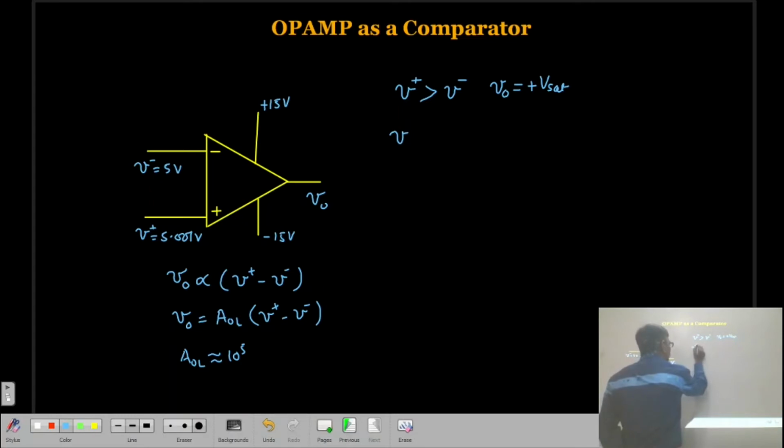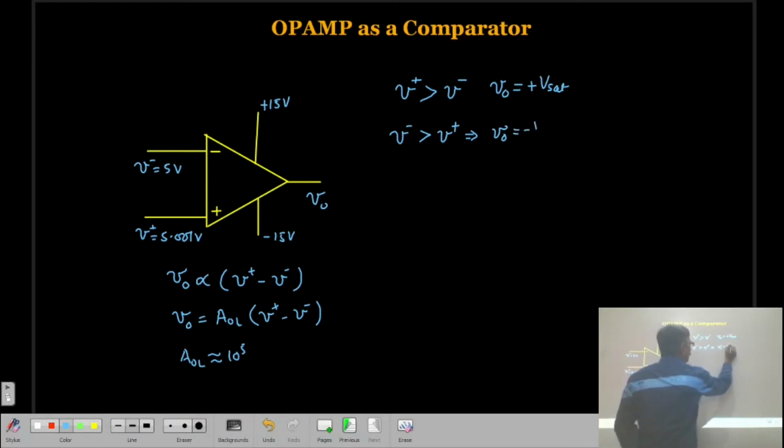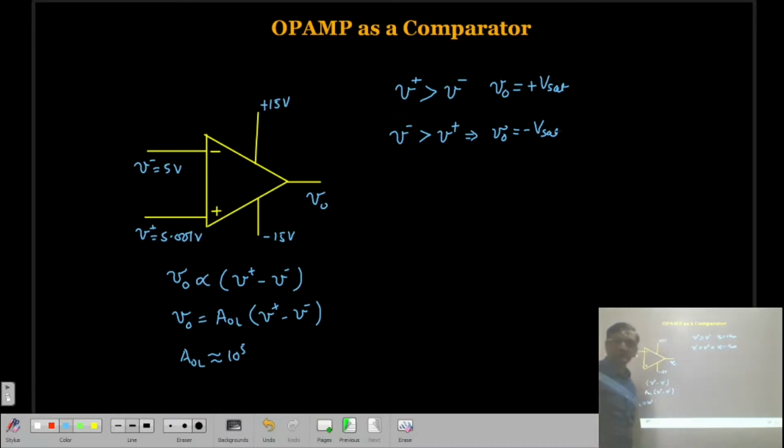If the non-inverting input voltage is less than the inverting input voltage, then in that case the output voltage will be in a minus V saturation.